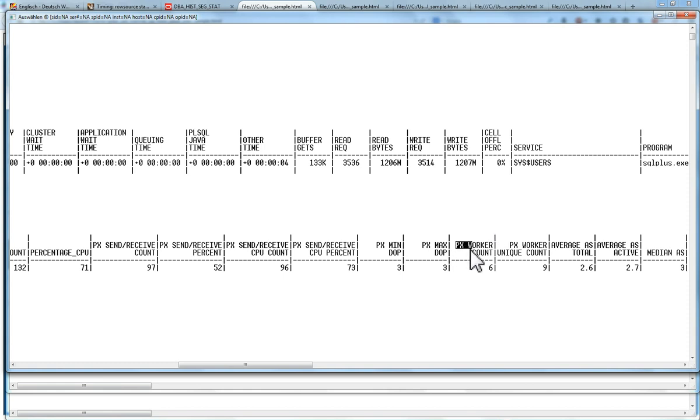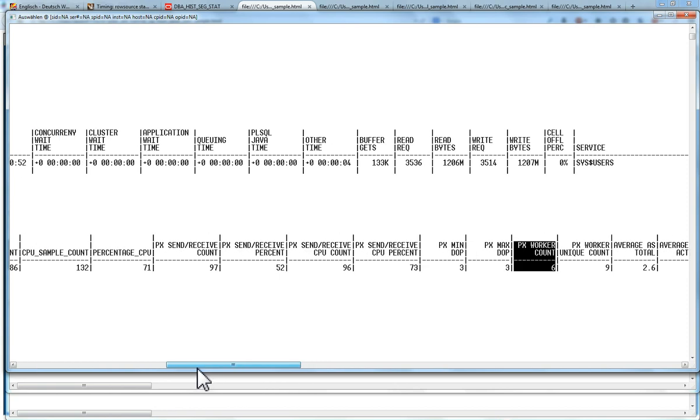Then we see here the worker count and the so-called unique worker count. What's the difference between these two sections? The PX worker count gives you just an idea about the number of different process names that active session history found in the samples.